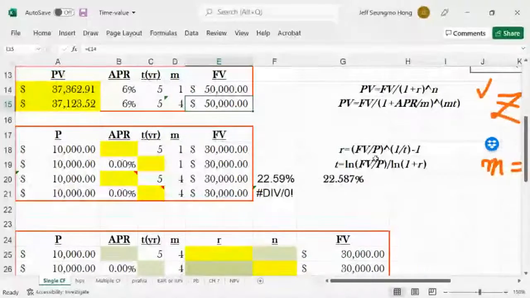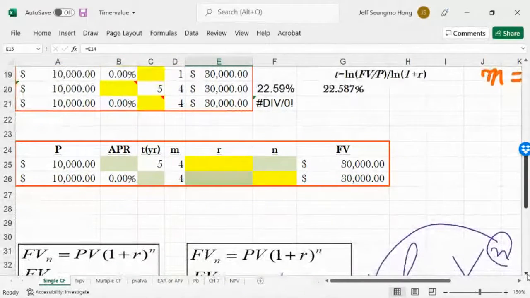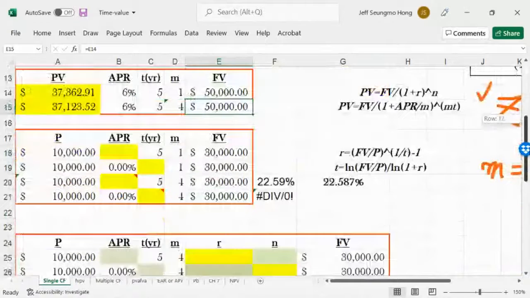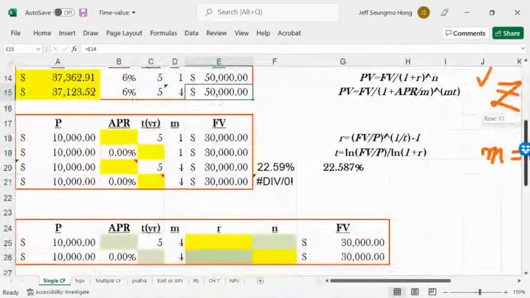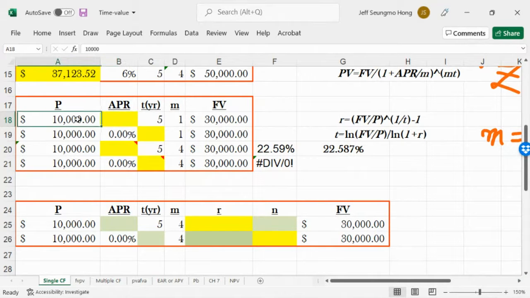Open this file, which you downloaded last time, and now we go to row 18. In row 18, what do you see? You have, of course, a $10,000 principal.